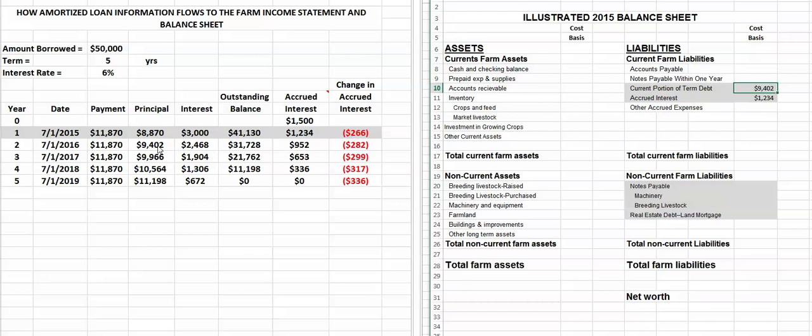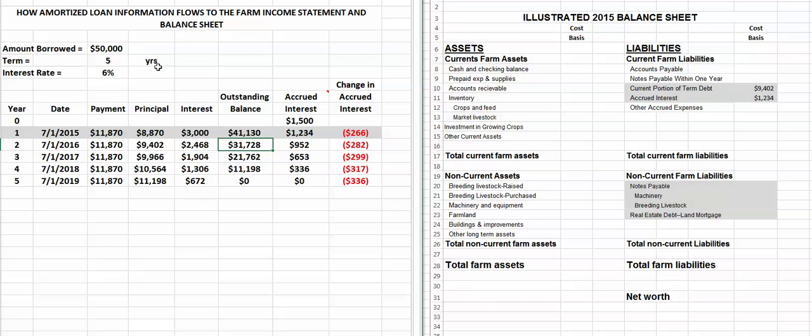In other words, after you pay next year's principal, which is 9,402, at the end of next year there'll be 31,728 that still hasn't been paid. It's the loan balance after next year's principal payment. That $31,728 is not due next year, so it's not a current liability, but it does have to be paid. So it becomes a non-current liability.